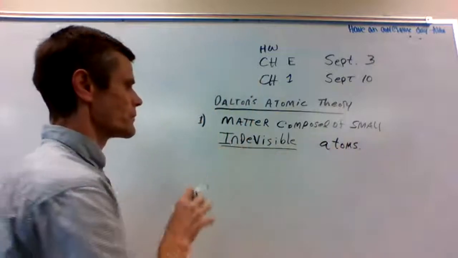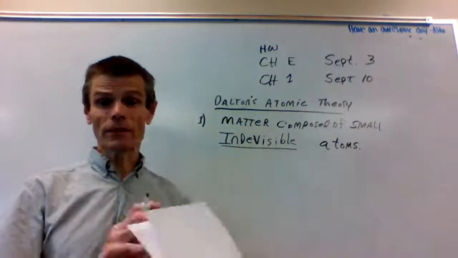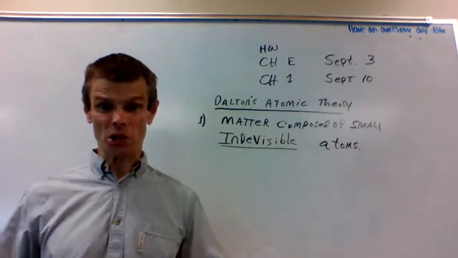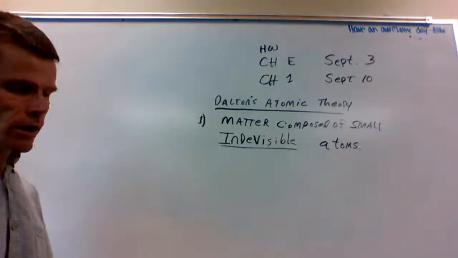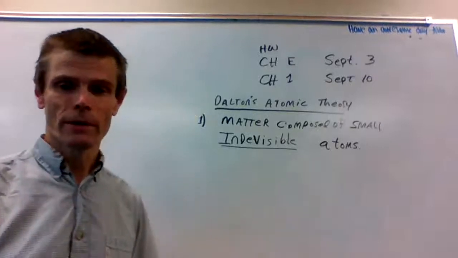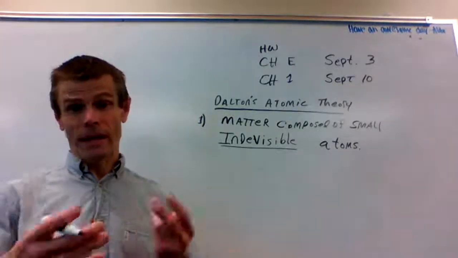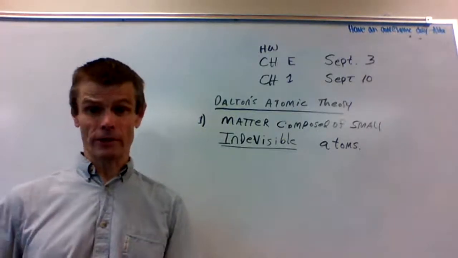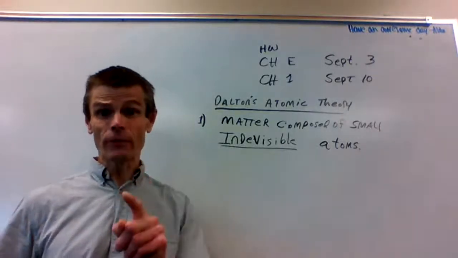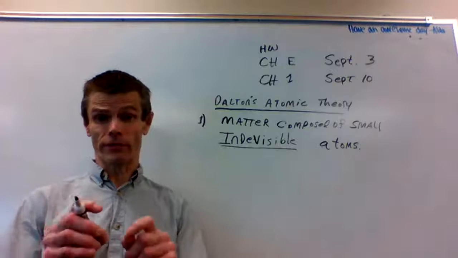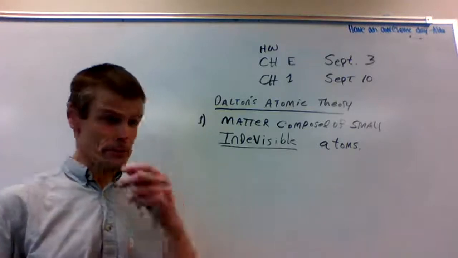So what does indivisible mean? It means we can't divide them into any smaller component. What we do know, as we're going to learn and study a little bit later today, is that atoms are divisible. We can find smaller components, subatomic particles, of atoms.